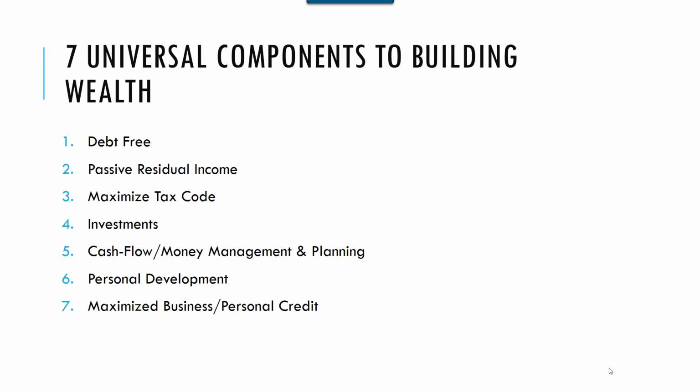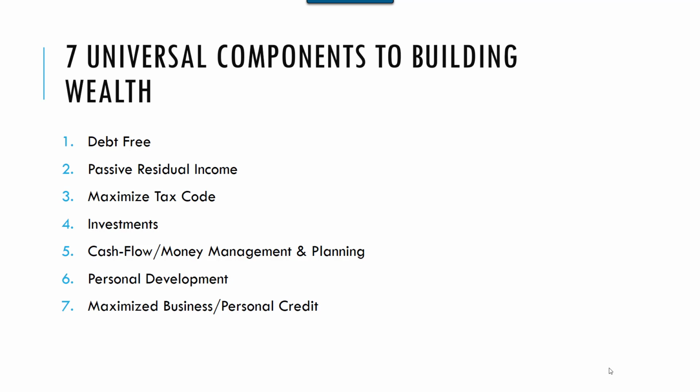And the seventh principle is to really be able to maximize business or personal credit. Now, the great thing about all of these things is that you don't do number one first, then number two. All of these things you can work simultaneously. So there's no specific order, but you will continue to work them simultaneously.